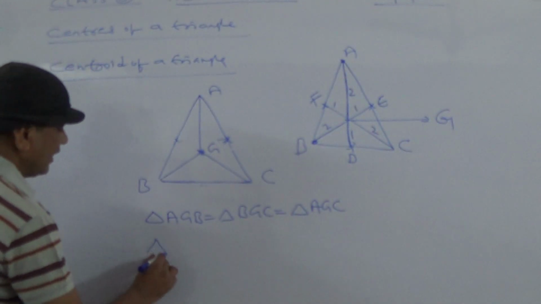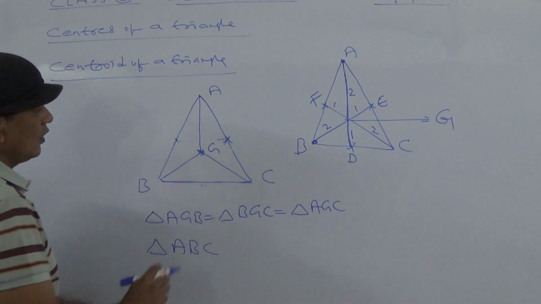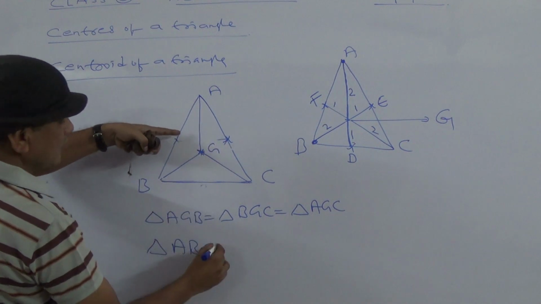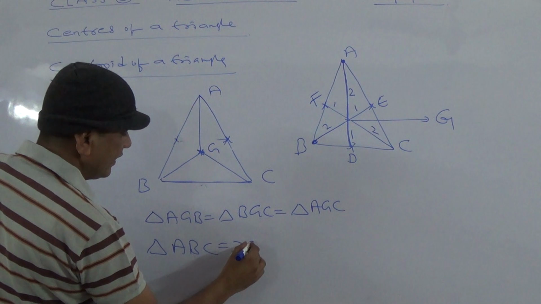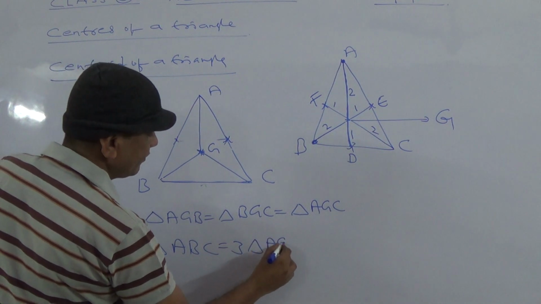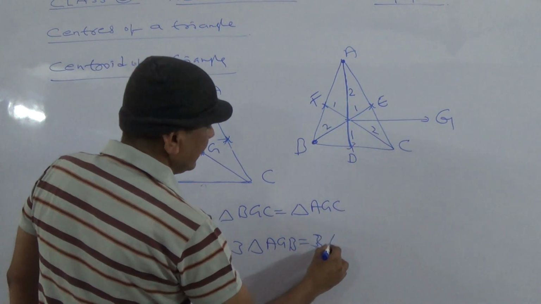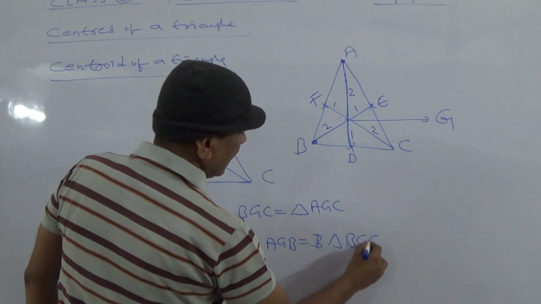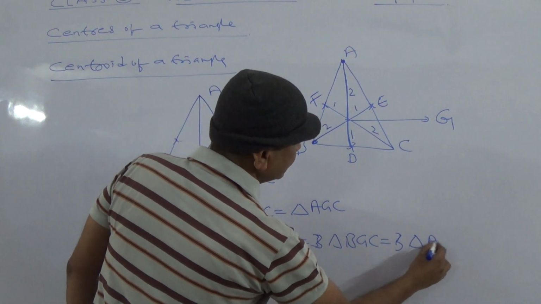Now area of triangle ABC, the total triangle, is equal to 3 times the area of this triangle. That means 3 times area of triangle AGB, or 3 times area of triangle BGC, or 3 times area of triangle AGC.